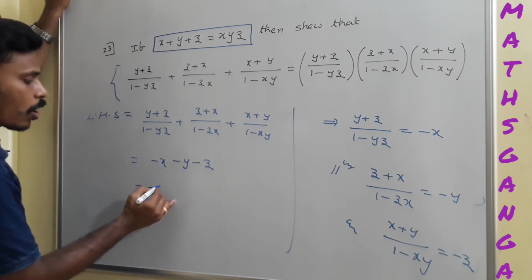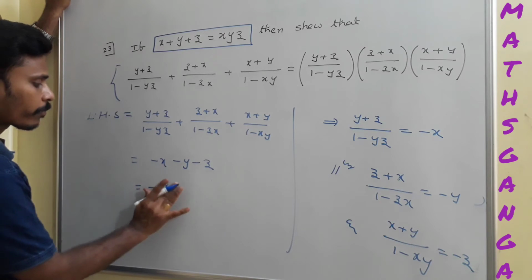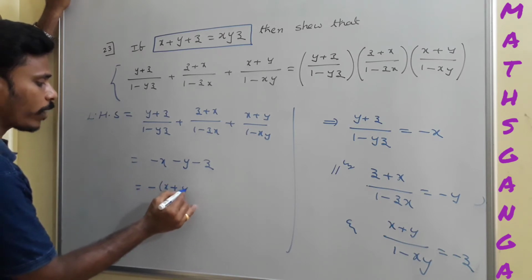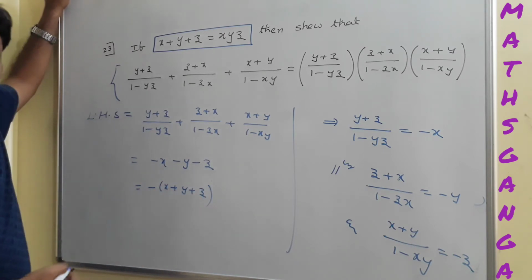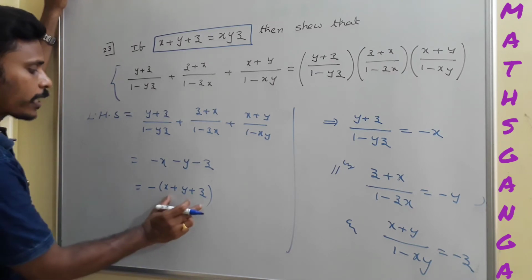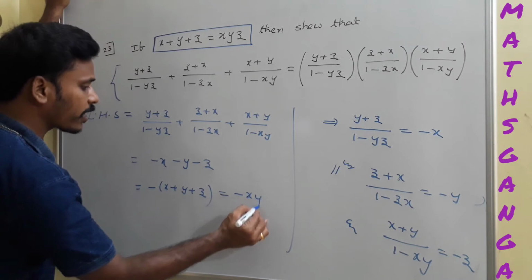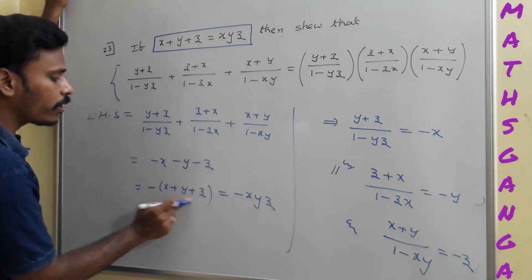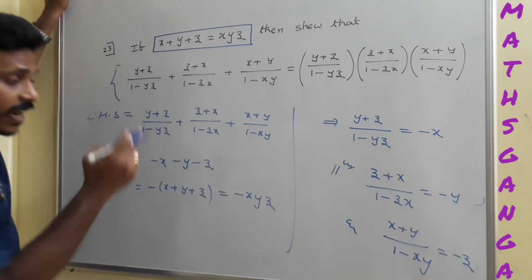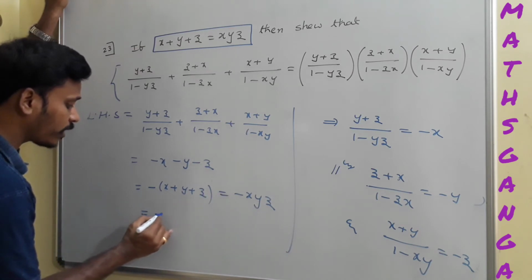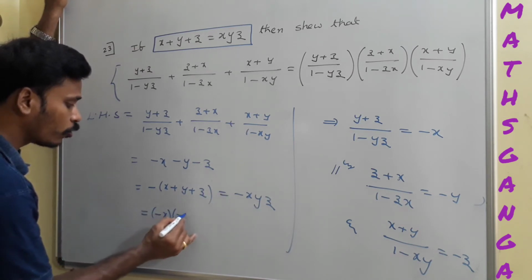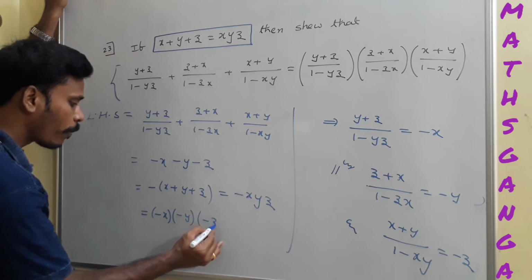So minus of x plus y plus z. Any wrong? No. See, x plus y plus z is given as xyz, and that's why this is equal to minus xyz. The minus is out and this summation is the product. And again I will rewrite this minus xyz as minus x into minus y into minus z.